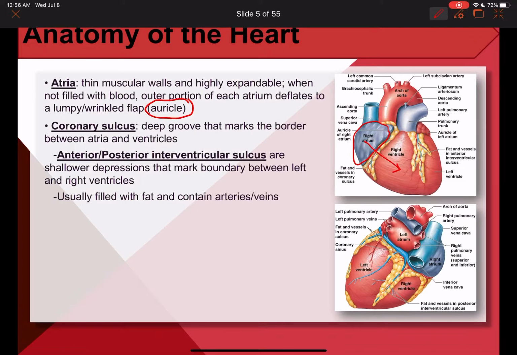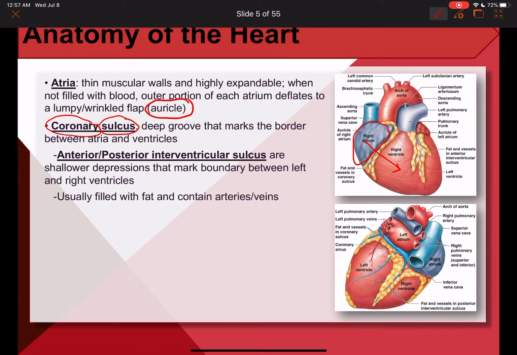Okay, so on the heart, we have some sulcus. This being the coronary sulcus, the coronary part means something to do with being on the heart itself. Just like how cardiac refers to heart, coronary also usually refers to something to do with the heart. And the sulcus part usually means that shallow indentation.